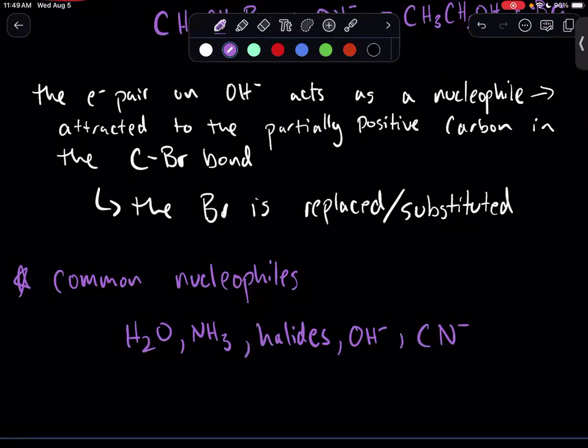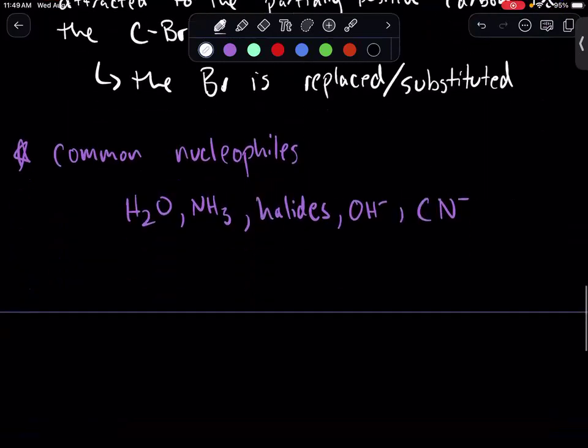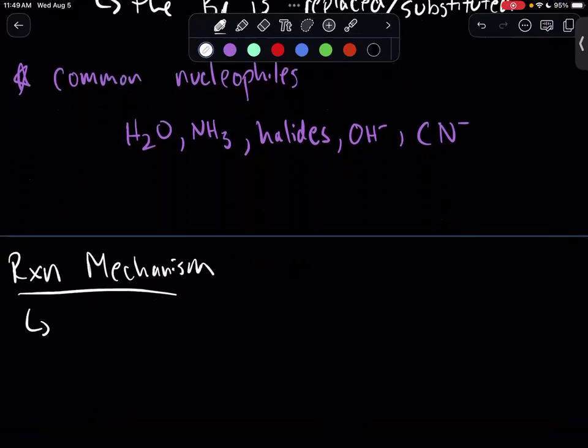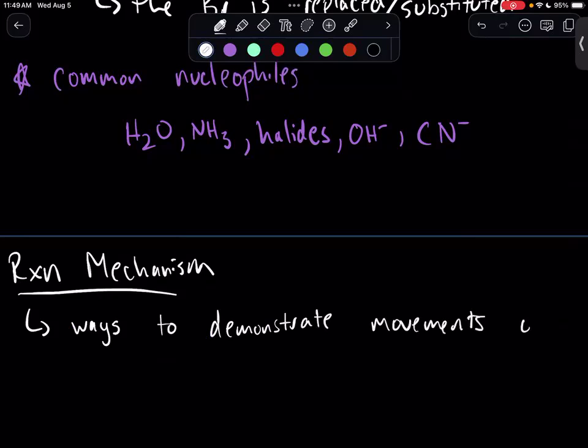So with that out of the way, let's look at the actual reaction mechanism. If you remember, reaction mechanisms are just ways to demonstrate movements of electrons in a reaction.